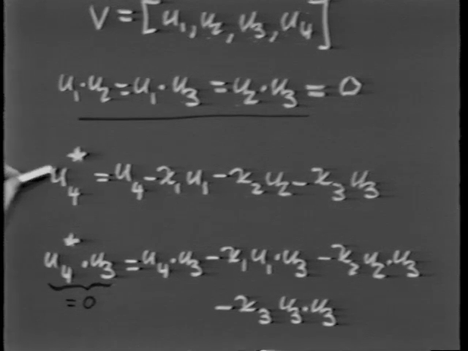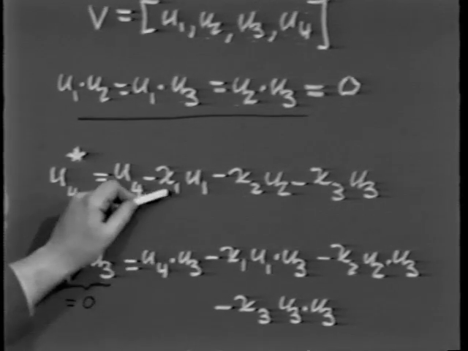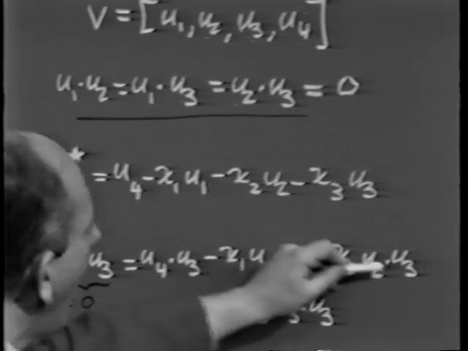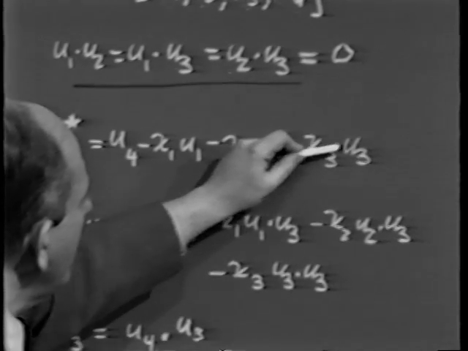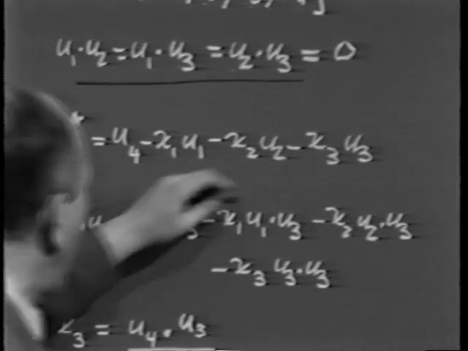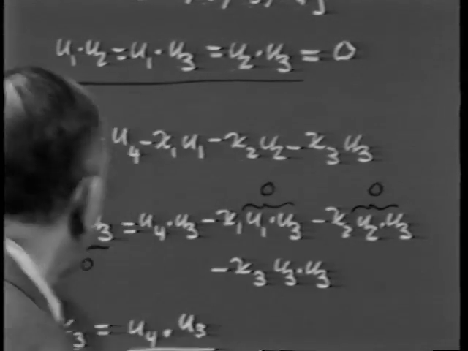In other words, dotting both sides of this equation with u3 and using the fact that the dot product is distributive, I get u4 star·u3 is u4·u3 minus x1 u1·u3 minus x2 u2·u3 minus x3 u3·u3. And the key point is that by orthogonality, these two things here are 0.